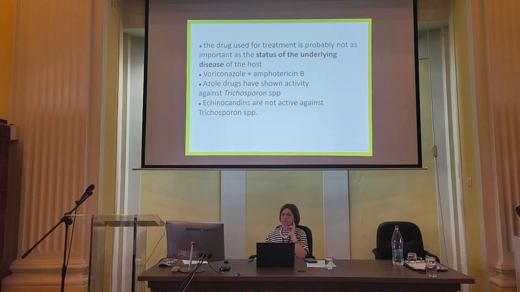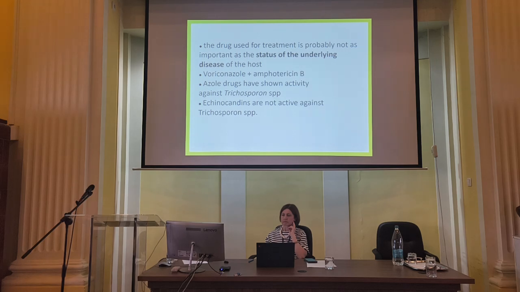Among available antifungal therapies, azole agents like fluconazole, itraconazole, posaconazole, voriconazole, and isavuconazole have demonstrated activity against Trichosporon species. Voriconazole, in combination with amphotericin B, has been most frequently reported in the treatment of invasive infections.